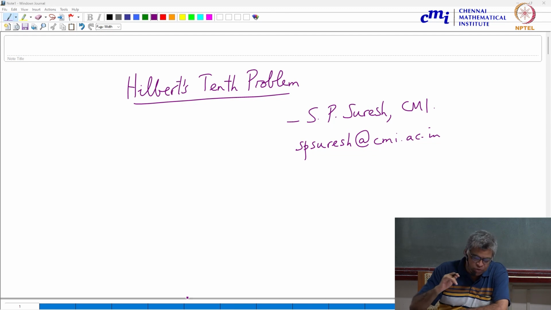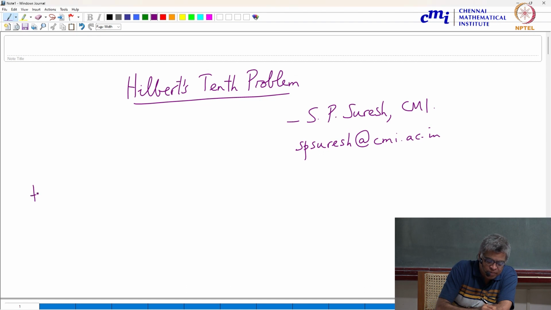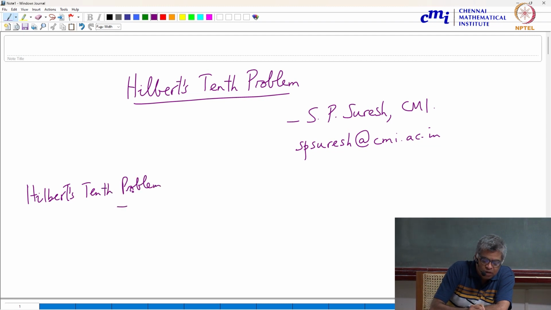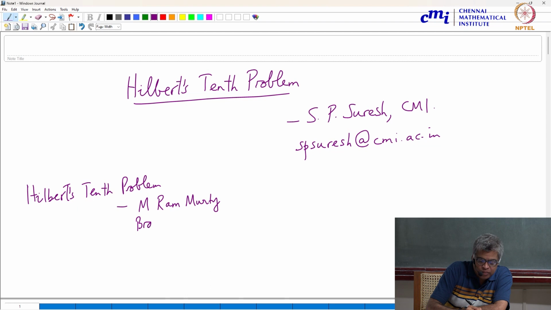So just in case you need some reference, I am basing this on a book titled Hilbert's 10th Problem. This book is by M. Ramamurthy and Brandon Fodden.